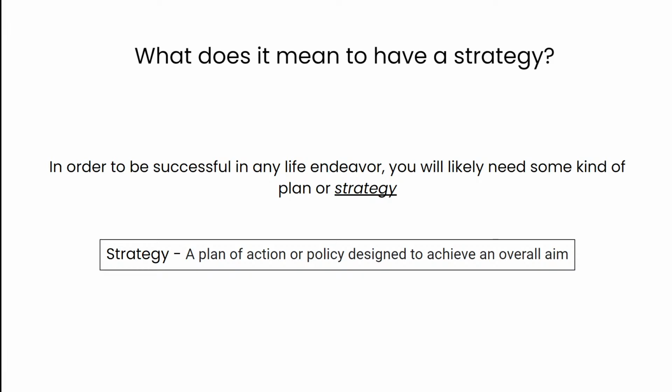Here I have the definition pulled from, I believe, Oxford's dictionary: a strategy is a plan of action or policy designed to achieve an overall aim. It's just something that you're developing to achieve a goal. What are you trying to achieve in these markets? That's to be successful and to make money. It's hard to understand what a strategy is, and that's a really good definition of that. I like that definition.